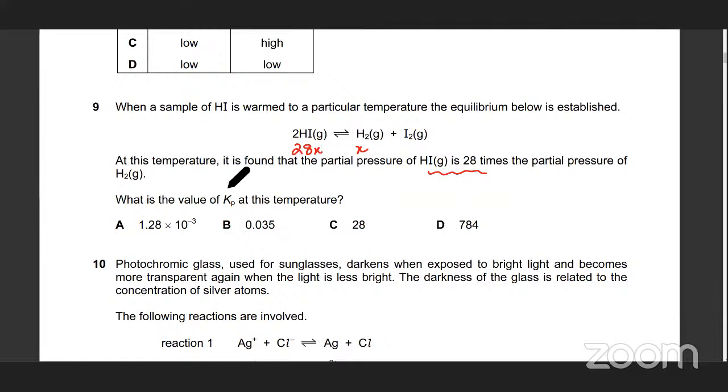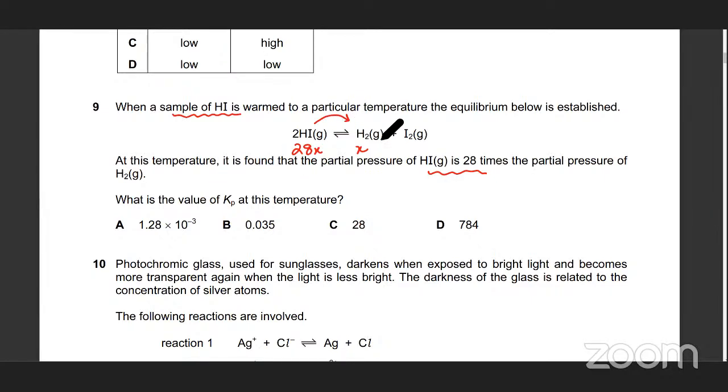And so what would be the partial pressure of I2 then? If you look carefully, initially a sample of HI is warmed, right? So right at the beginning, there is no I2 and there is no H2. There was only HI, and HI was getting decomposed. Where do you get H2 and I2?